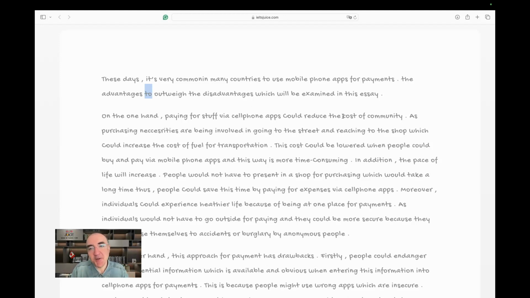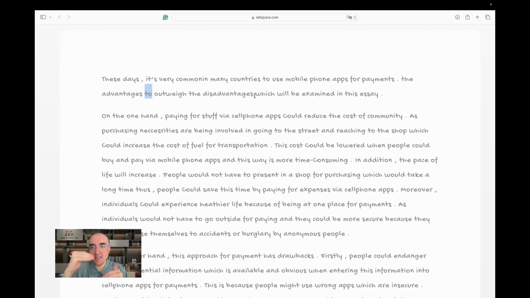But here, we are not going to write about any headlines, and we are not at the New York Times newsroom. So the advantages outweigh the disadvantages. That's fine. So that's the writer's belief. The advantages outweigh the disadvantages.